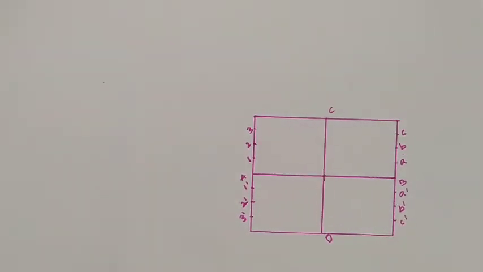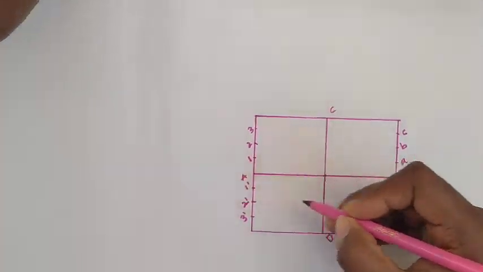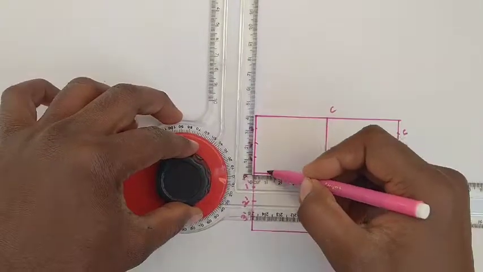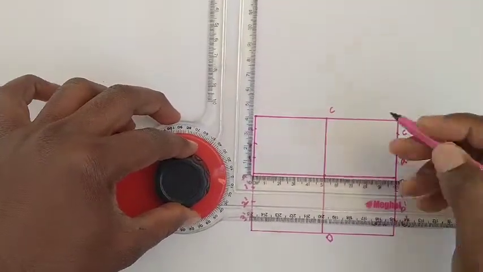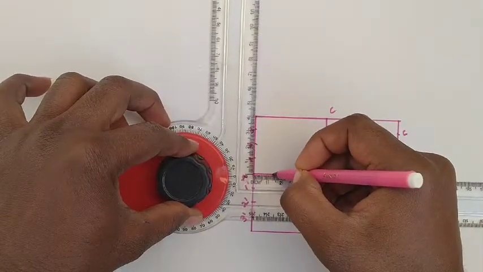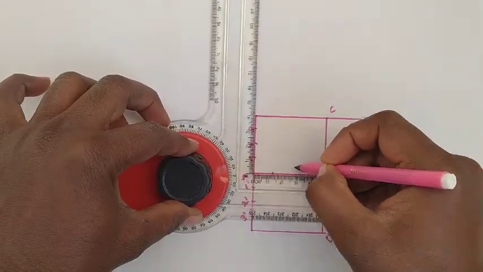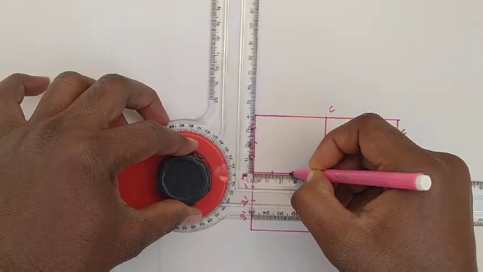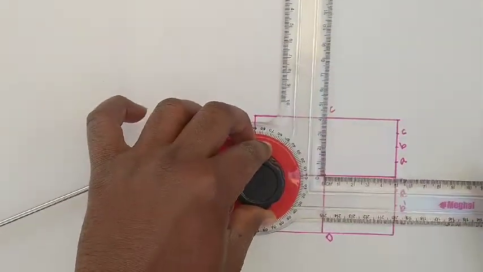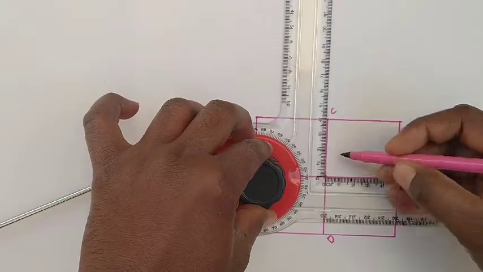Next, divide this major axis. This side three equal parts and this side three equal parts. Next, I am dividing this into three equal parts, and from this side also three equal parts.